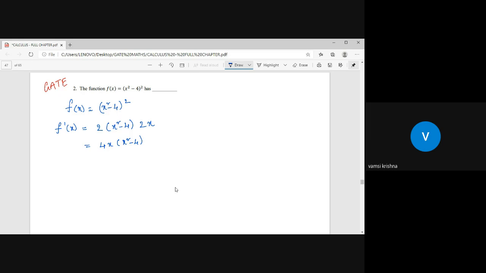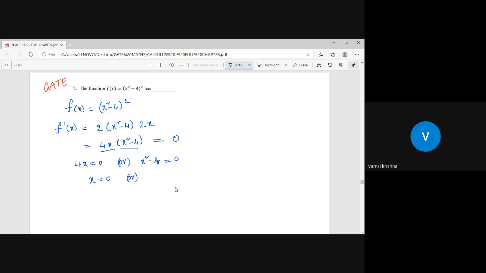As I know, we should equate f dash of x is equal to 0 to find the roots. So 4x into x square minus 4 is equal to 0. Either the first product is 0, either 4x is equal to 0, or x square minus 4 is equal to 0, the second product is 0. So 4x is equal to 0 means x is 0.